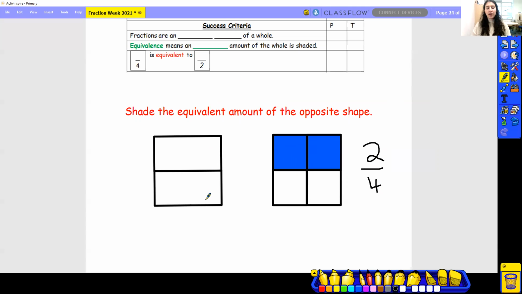How many of my parts do I need to shade to make it an equal or an equivalent amount to this shape here? Let's have a think. 2/4 is equivalent to 1/2. Well done. So that means when my shape is split only in 2, I need to shade one of those parts for it to be an equivalent amount. I'll show you here. There we go.